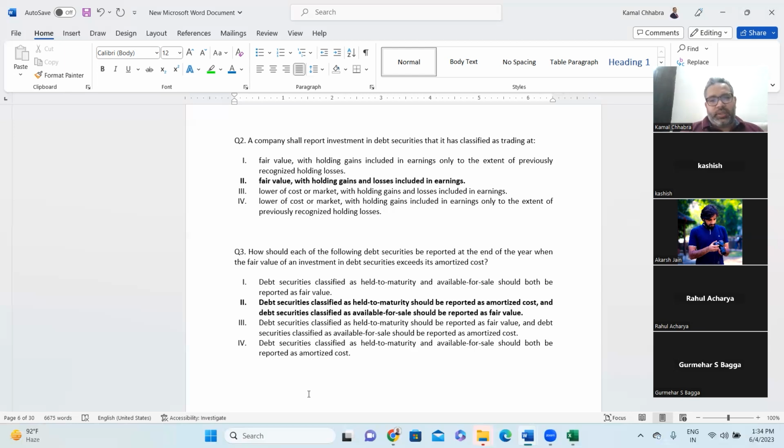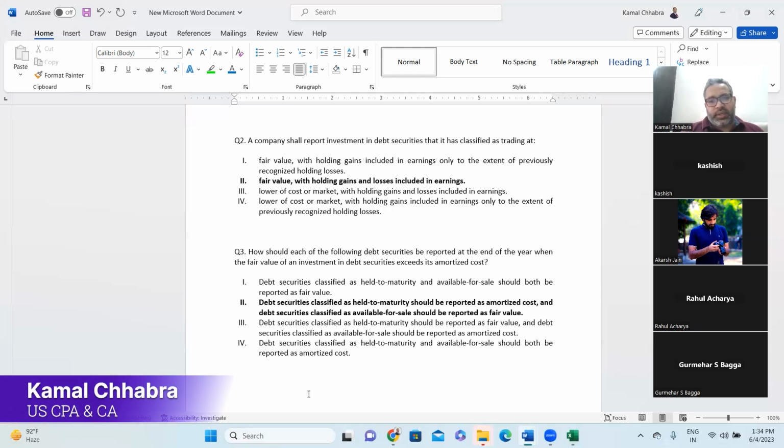A company shall report investment in debt security that is classified as trading at what? If you have already considered any security to be classified as trading security, at what amount should you be reporting it? The call is the fair value. What should be the value of trading security?